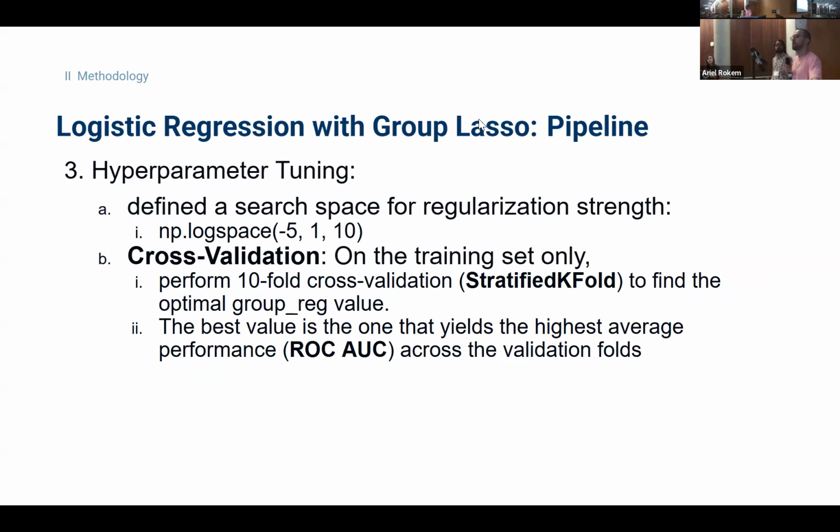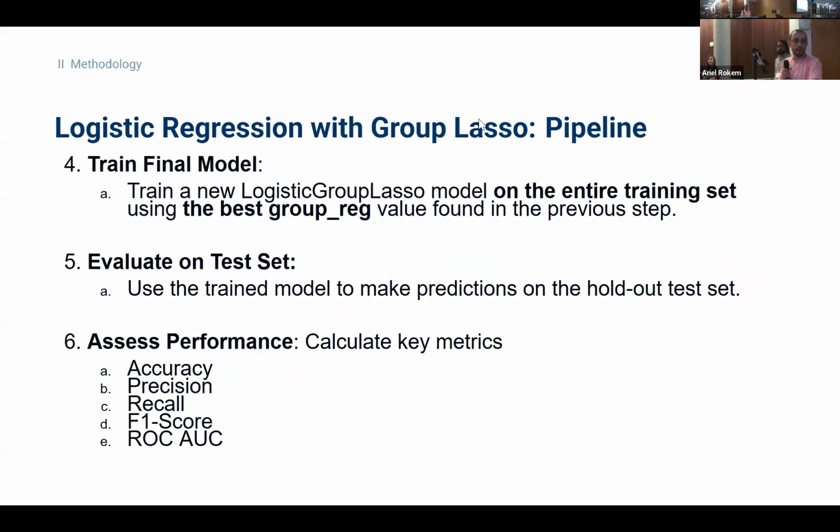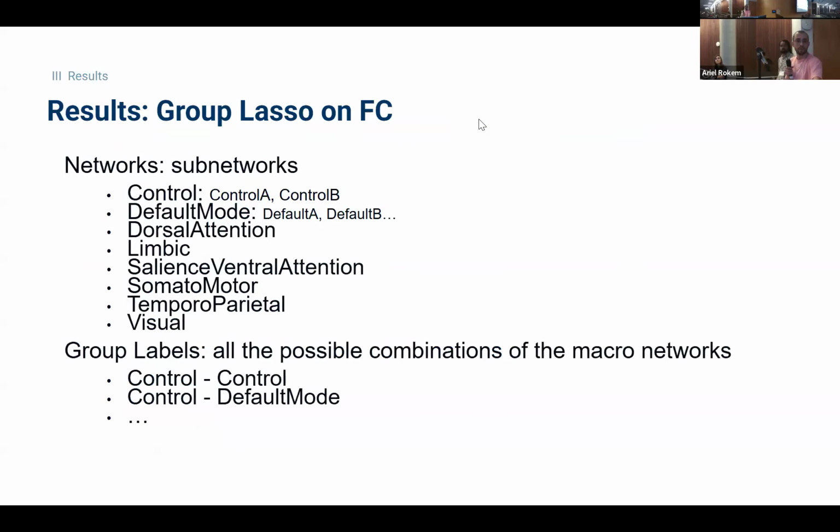Then we did hyperparameter tuning for group lasso to decide on the strength of regularization, trained the final model using the best regularization parameter on the entire training dataset, and then evaluated on the testing data.